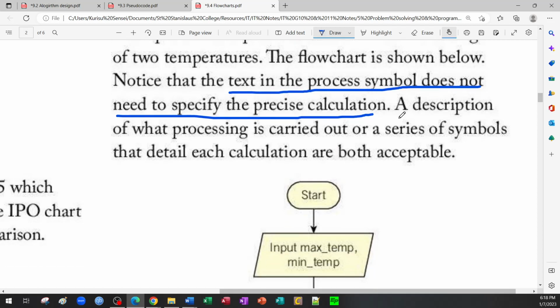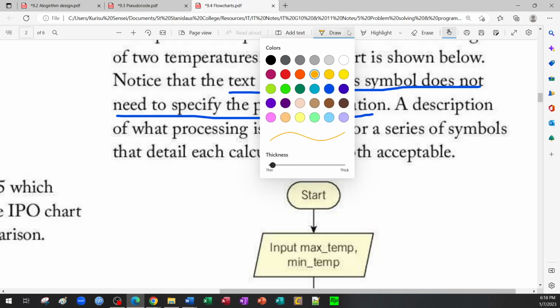So the paragraph continues that a description of what processing is carried out, or a series of symbols that detail each calculation, are both acceptable. So you have 3 options basically.